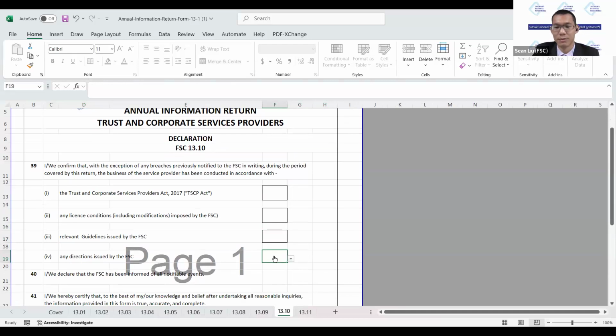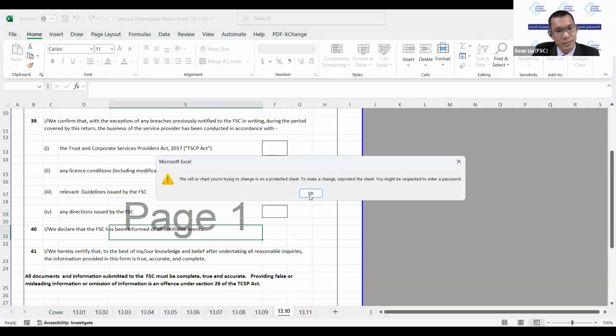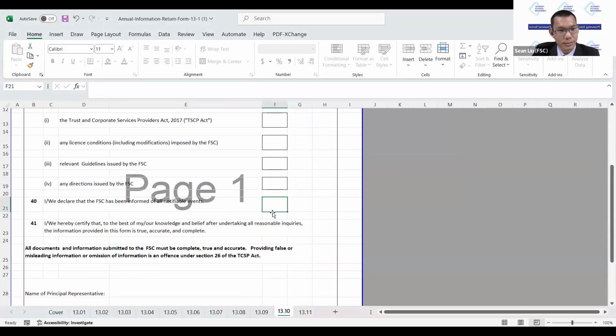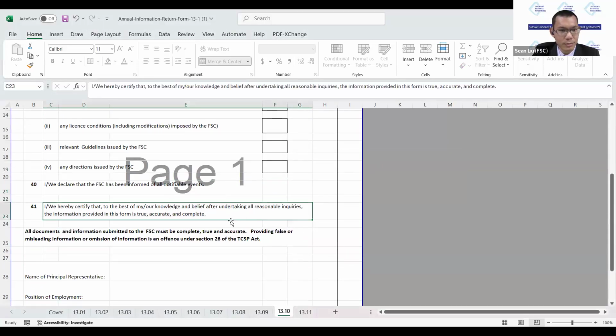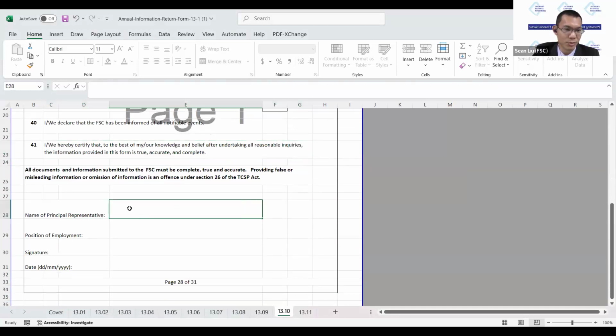So, for example, if we have had correspondence with you to address certain things and you don't follow it, you'd say no, or it's not applicable. Or if you follow the instructions, you tick yes, of course. And of course, the principal representative signs the bottom of this page.